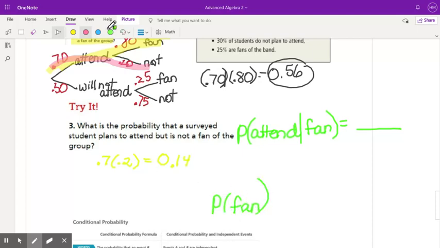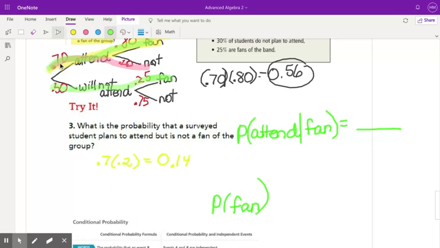Well, if I look on my chart here, the fans are right here and right here. People who will attend and people who won't attend.